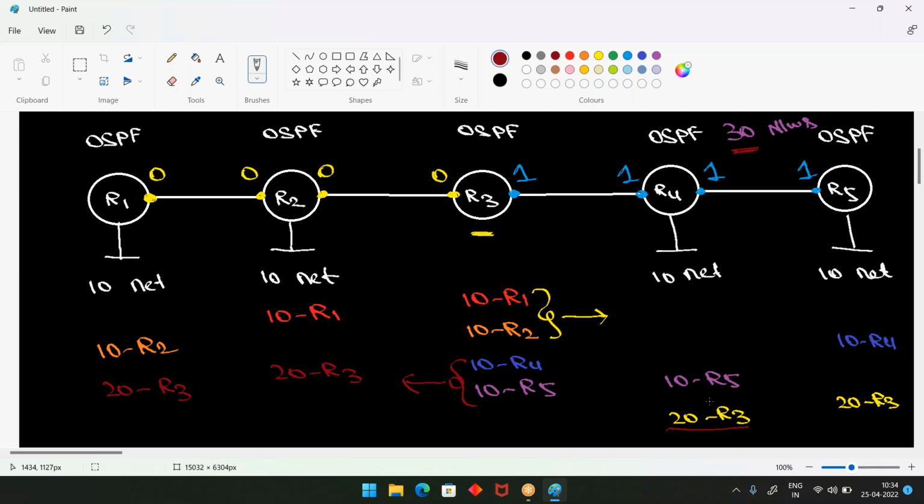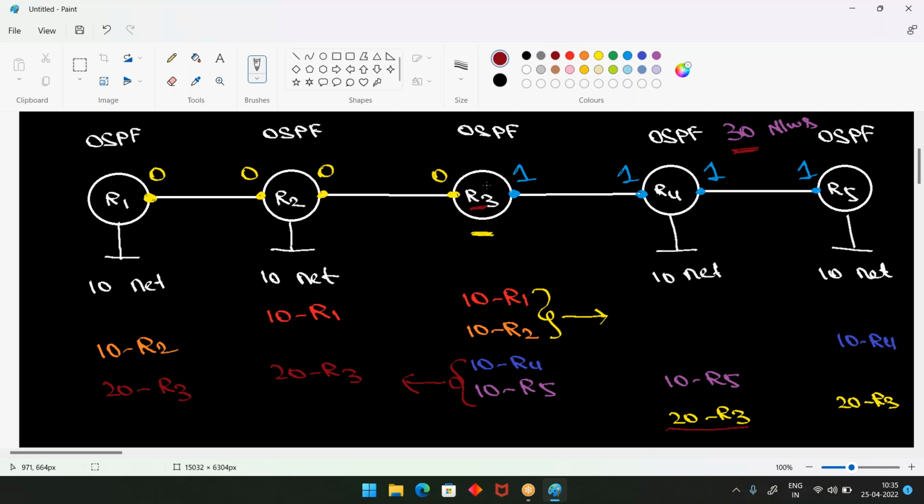What can we do in this scenario? We can tell this R3 router, which is between the two areas, it is the border router.